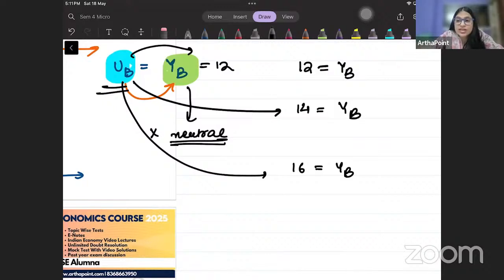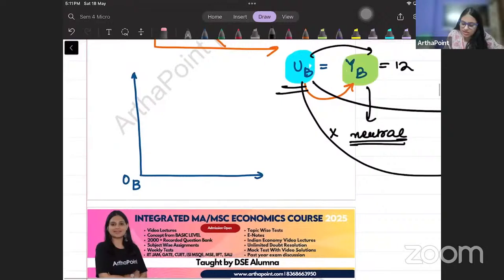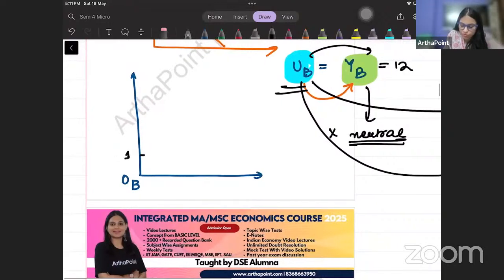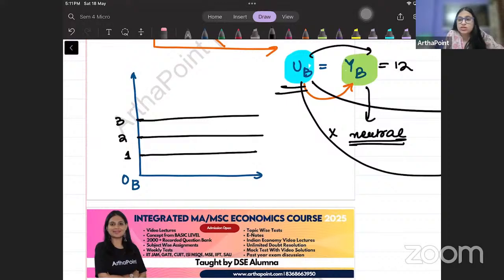So utility of individual B is only from good Y. Good X का कोई काम ही नहीं है. So अगर उसको 1 unit का utility चाहिए, he will consume 1 unit. If he needs a utility of 2, he will consume 2 units. If he needs a utility of 3, he will consume 3 units of good Y. Nothing of good X. समझे?